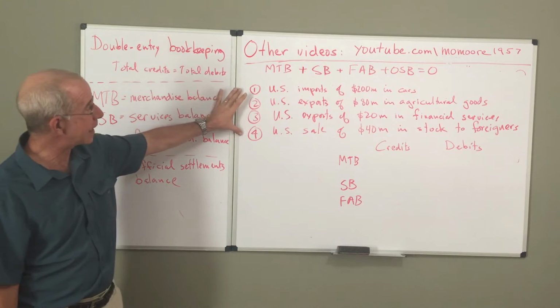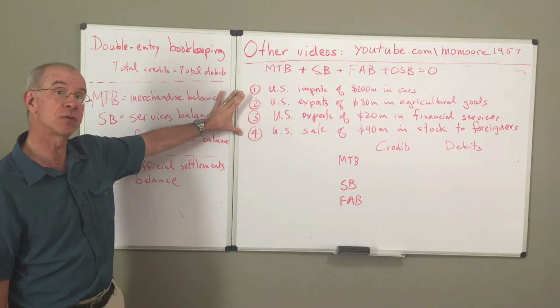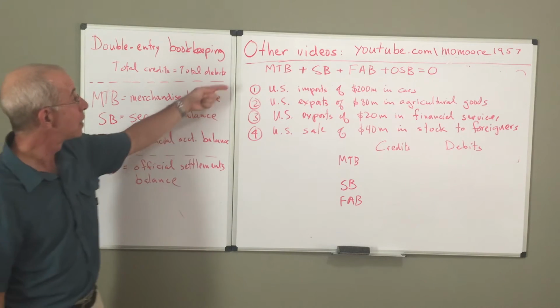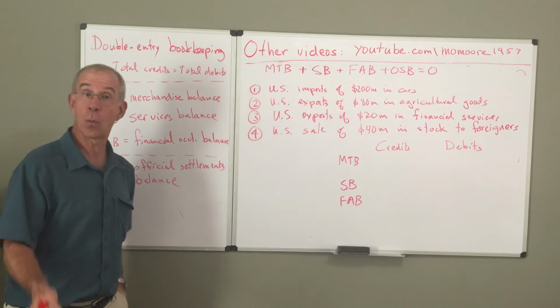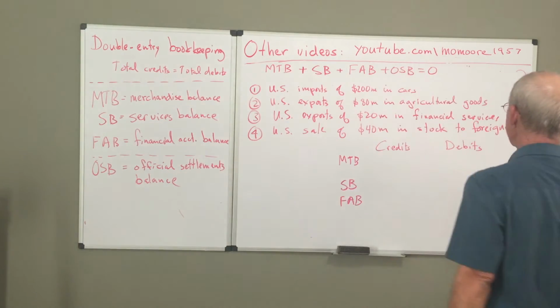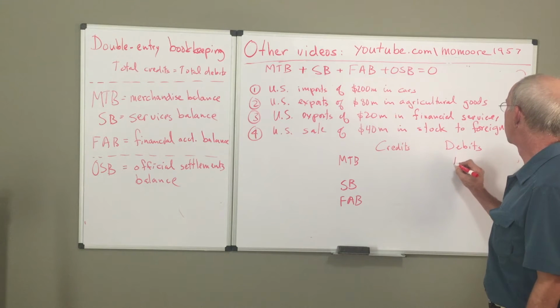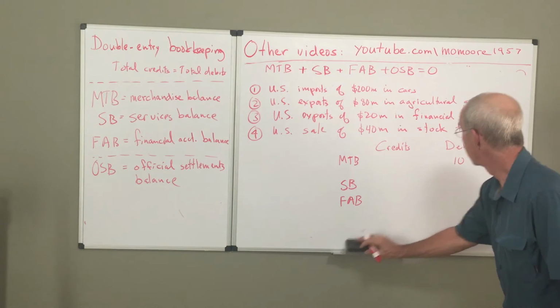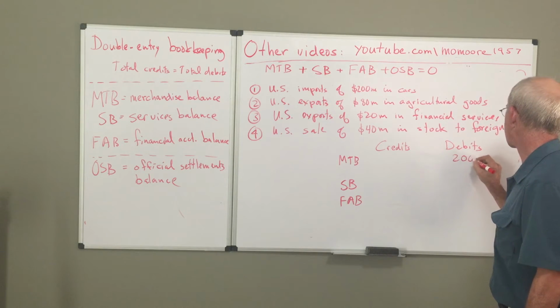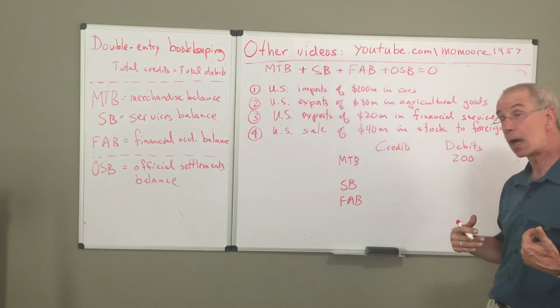So I have four transactions here, and I want to show you how these would show up in the actual balance of payments accounts. First, the U.S. imports $200 million worth of cars. The importation of the cars is going to show up as a $200 million debit.